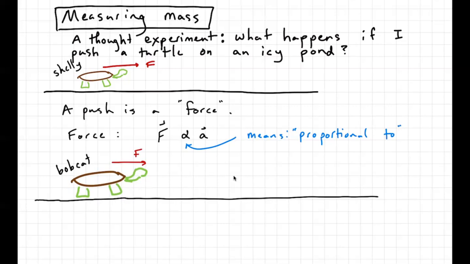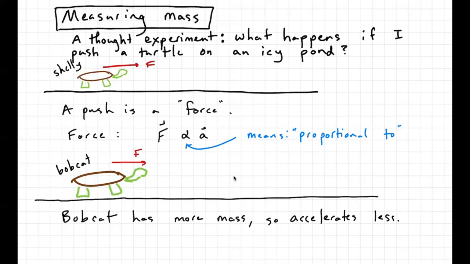If something's more massive, it's harder to accelerate. So Bobcat has more mass and will accelerate less. That's just the intuitive way to understand bigness in this context.